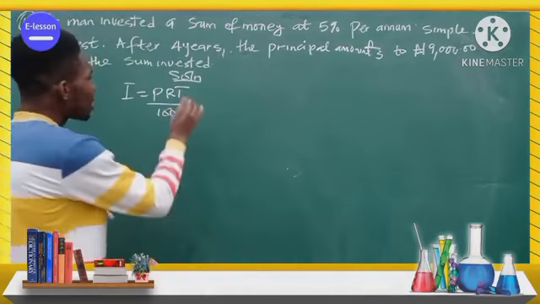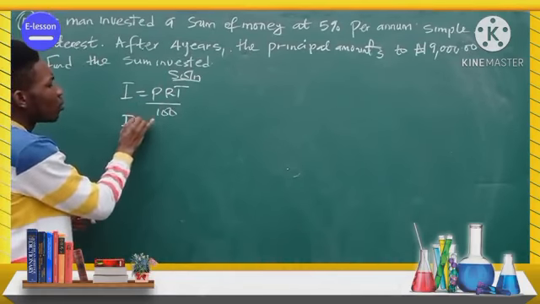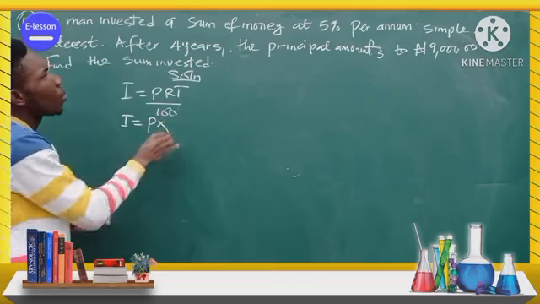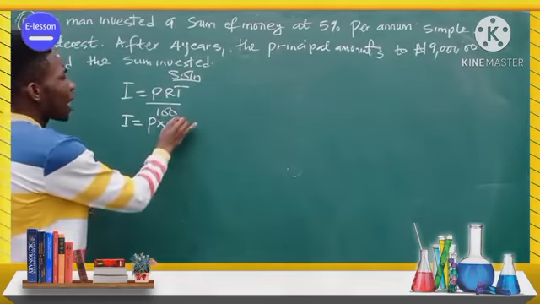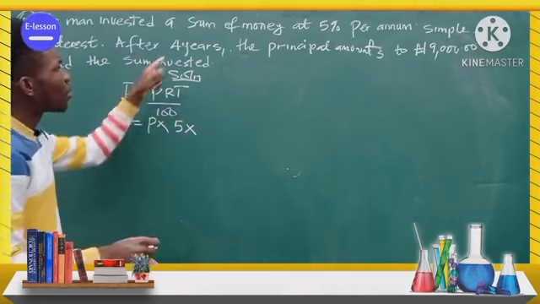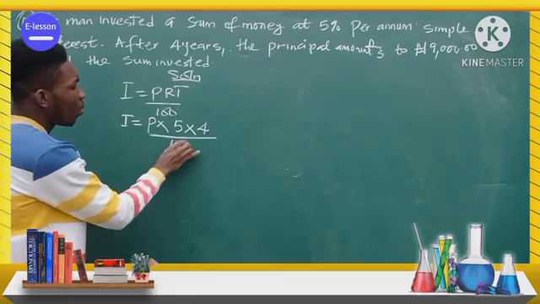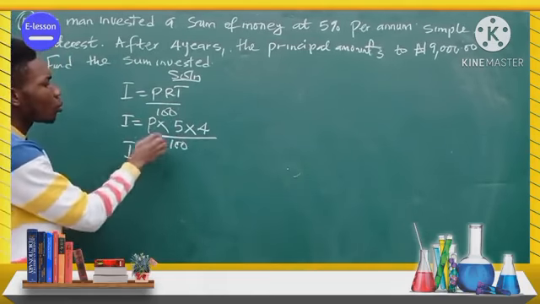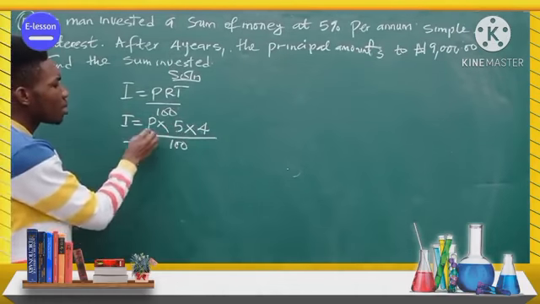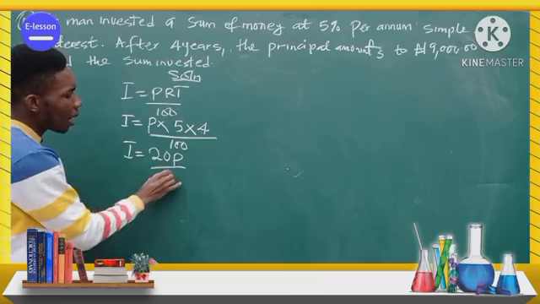Now let's leave the principal as P. So our interest will be equal to principal times the rate. The rate is 5% per annum, so we have times 5. How many years? 4 years. So we have times 4 over 100. So when we calculate this, our interest will be equal to 5 times 4 is 20, 20 times P is 20P, all over 100.